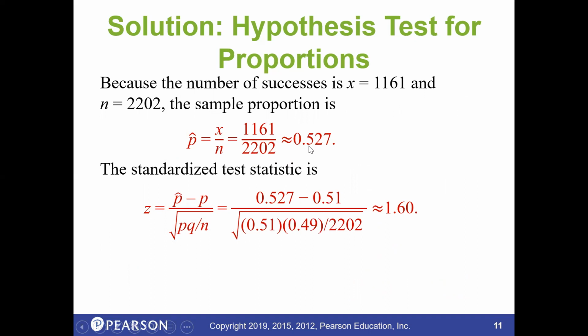And so our p hat value is 0.527. Are we good there? All right, on your calculator, see if you guys can get that number right there. If not, please ask. I'll come by as well. So hopefully you guys get a 1.60. That's what I'm looking for.